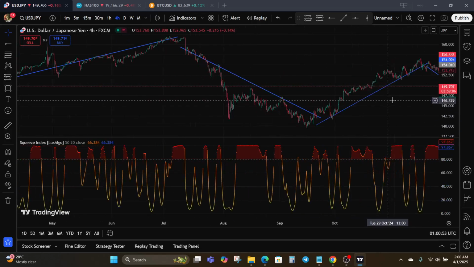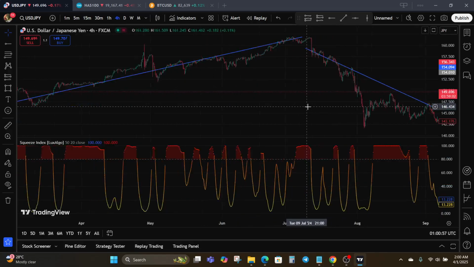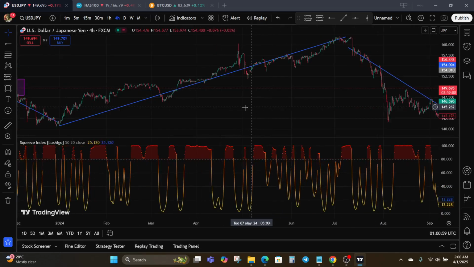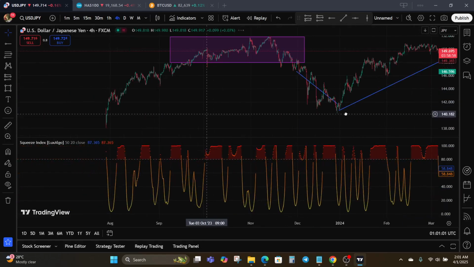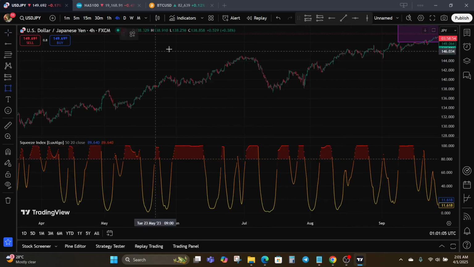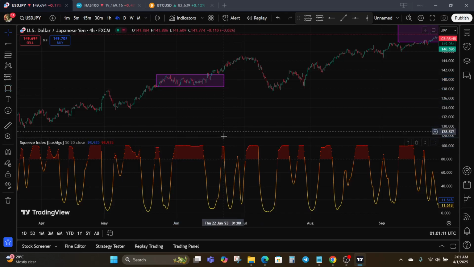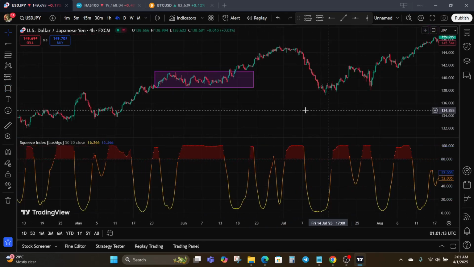But if it's a bullish breakout, let's look for a good example of that. For example, what we had happen around here, we actually had a bullish breakout from here, right?